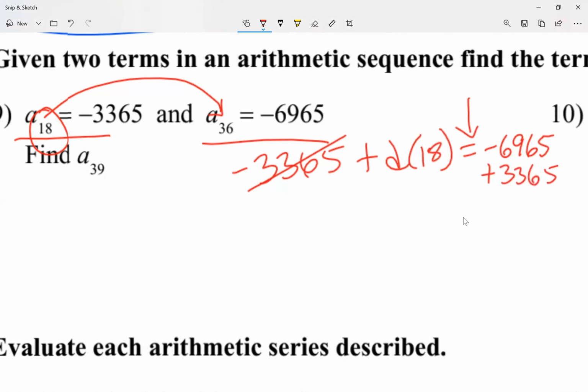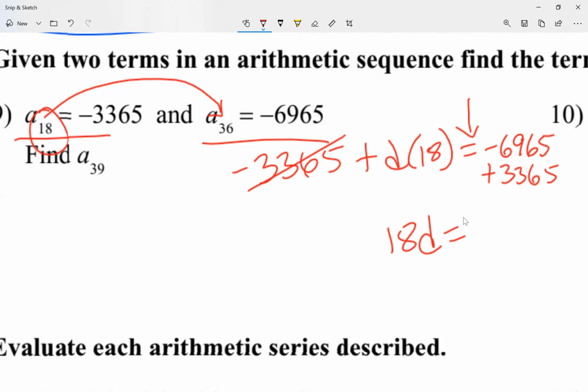If you remember your Algebra 1 teacher, they used to say opposite operation. So that's what I'm doing, changing the sign. I know D times 18 is basically 18D, equals negative 6,965 plus 3,365.